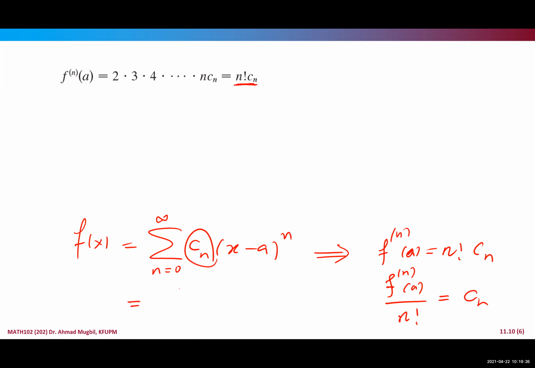So we can say that f of x equals the sum of x minus a to the power n, this is the power series, times the nth derivative at a over n factorial. So the coefficient Cn can be found in terms of f and its derivatives evaluated at the center of the power series.